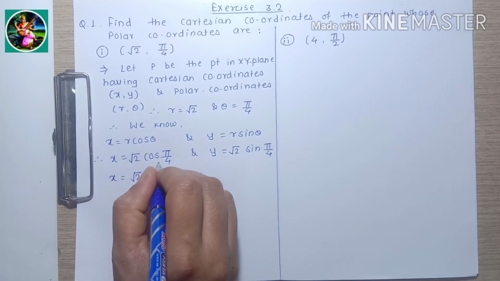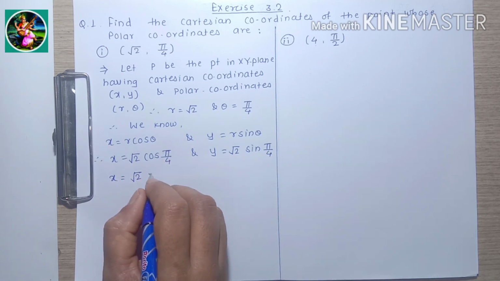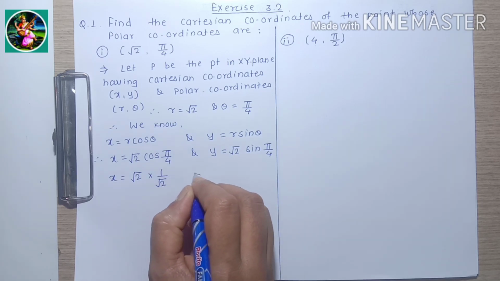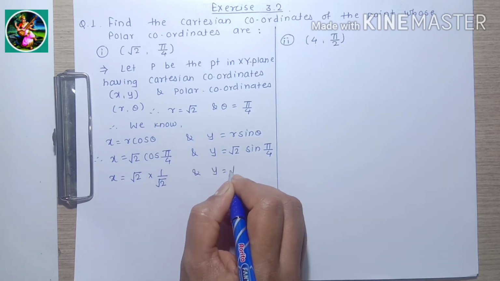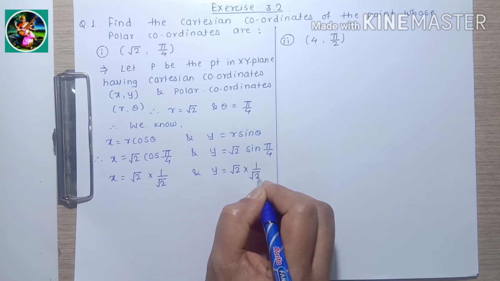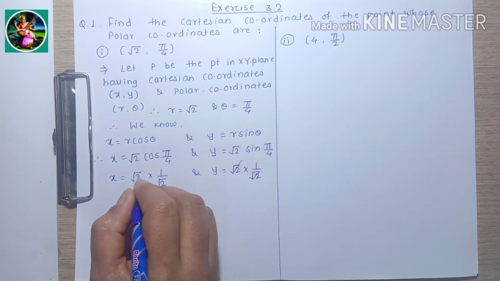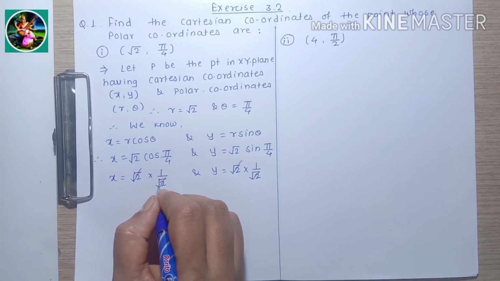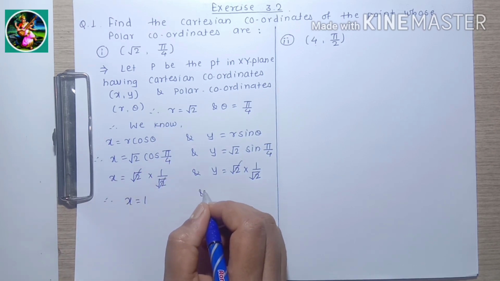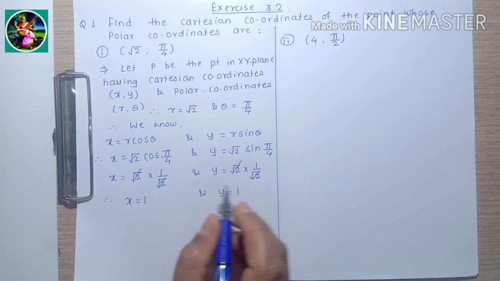We know that cos of pi/4 is 1 upon √2. Here we write 1 upon √2, and y is equal to √2, and sin pi/4 is also 1 upon √2. That √2 gets cancelled, here also √2 gets cancelled. Therefore, x is equal to 1 and y is equal to 1.